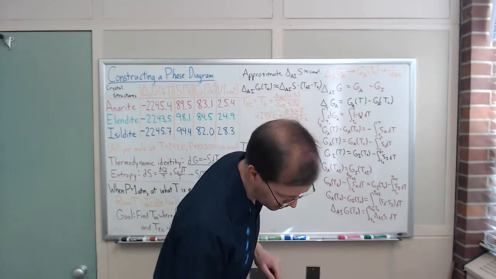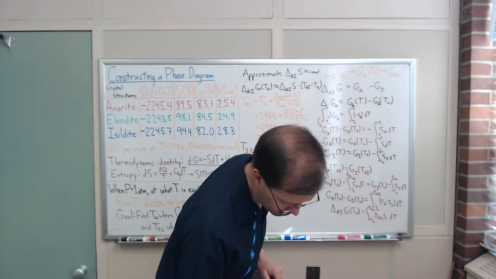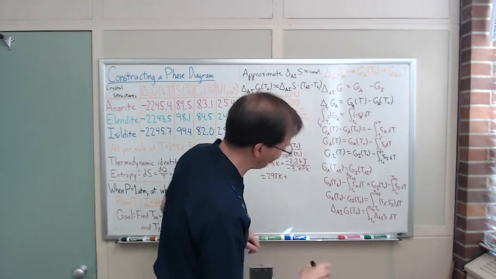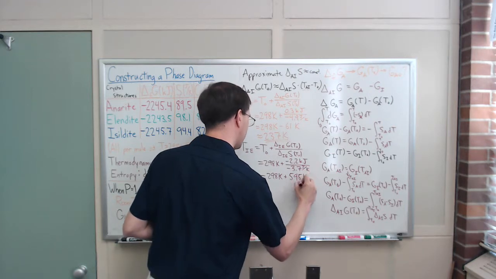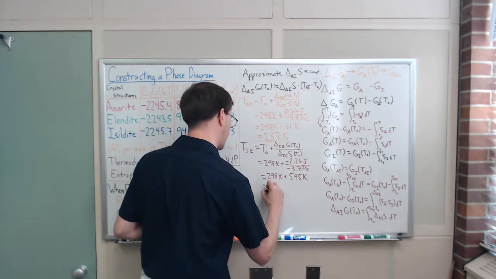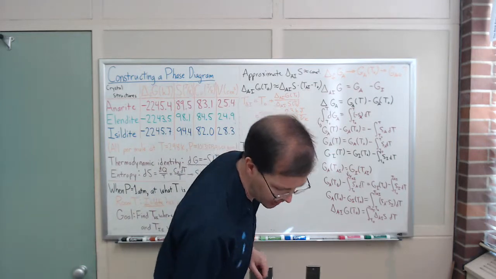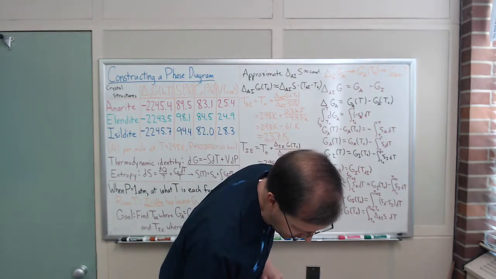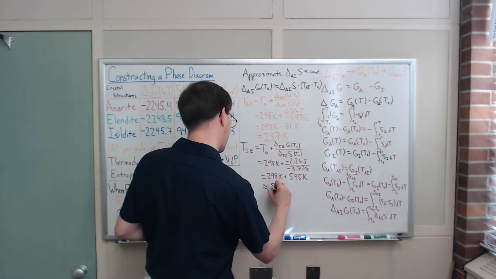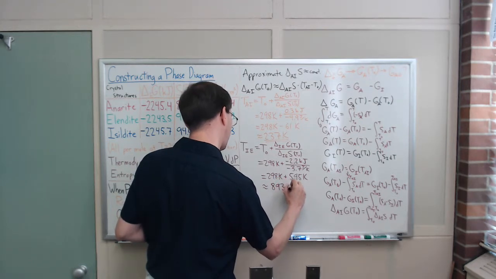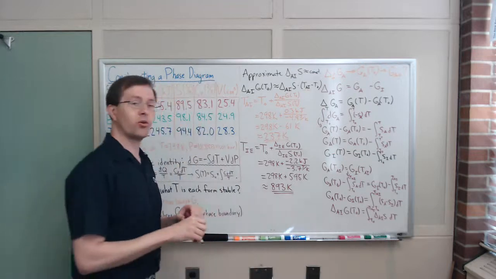When I put that together, I got plus 595 Kelvin. So this gives me a phase transition temperature estimate of 893 Kelvin.